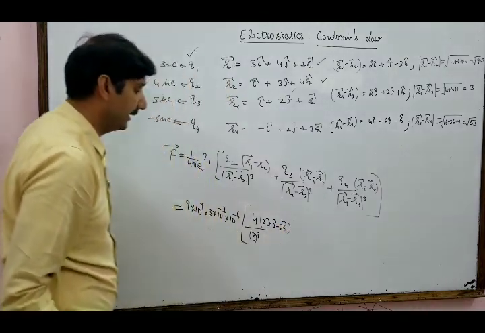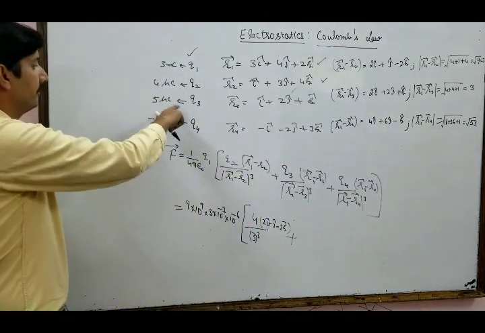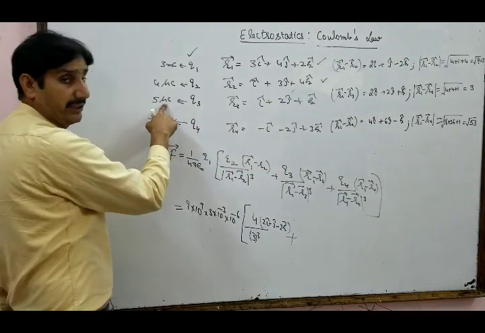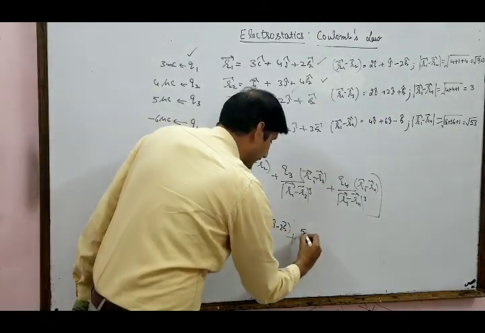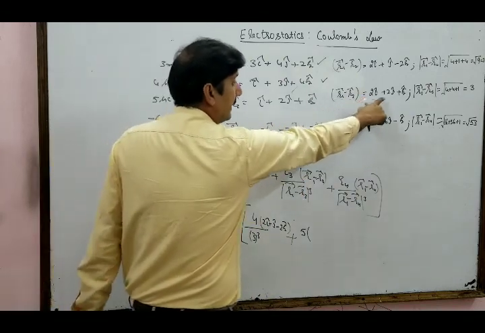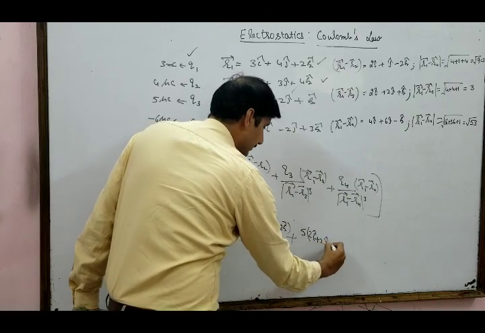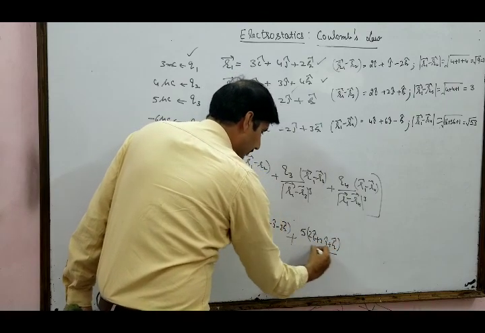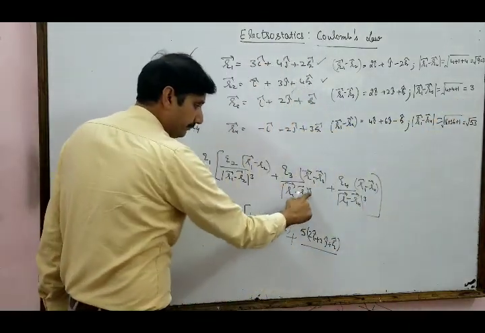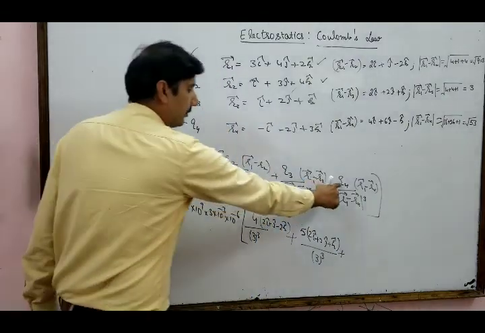I hope I am not doing anything wrong mathematically. Okay, see, Q3 is 5 micro, we have already taken account of that. 5 into R1 minus R3, which was 2i cap plus 2j cap plus k cap, divided by its magnitude, which is also 3, so cube of 3, plus Q4.